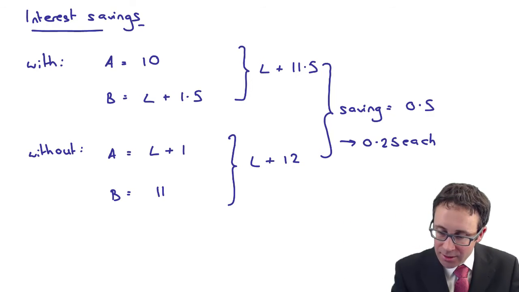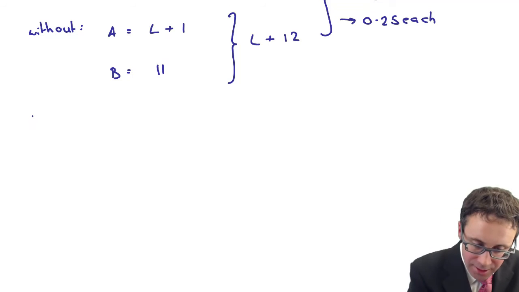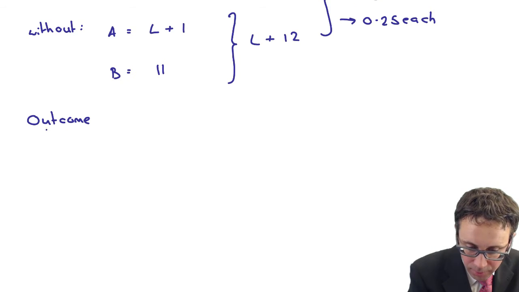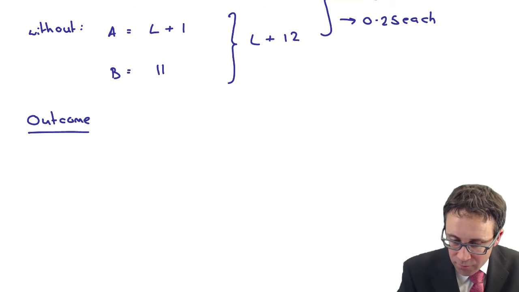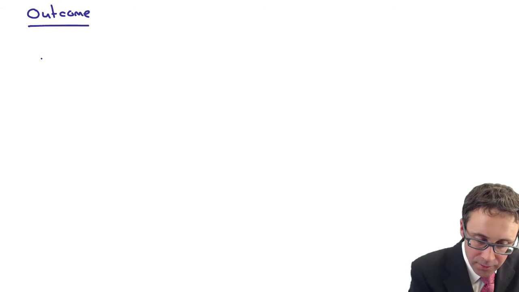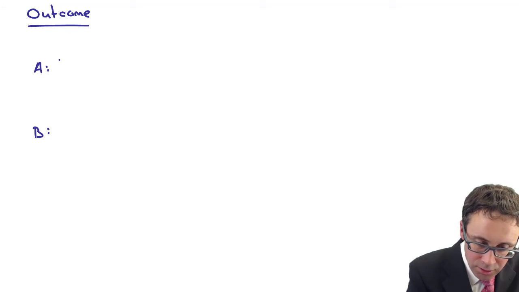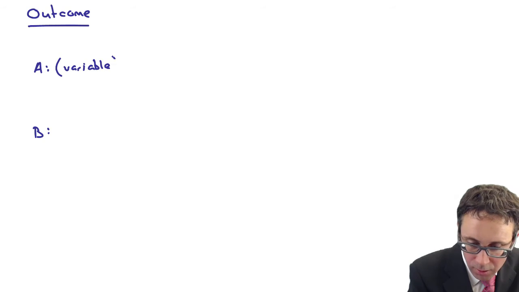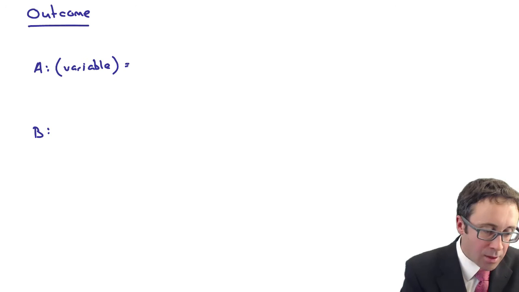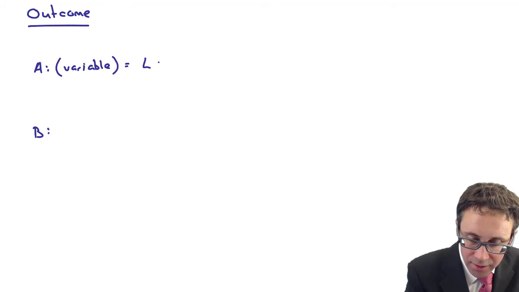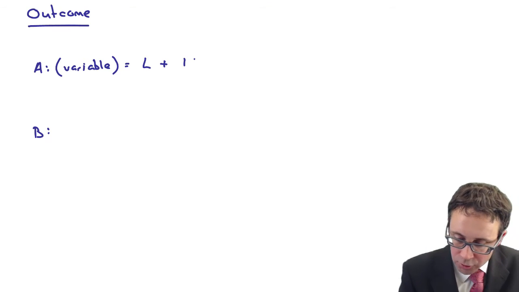So then we need to work out the outcome. The outcome should be that A wanted variable, and in the variable market it could get LIBOR plus 1.